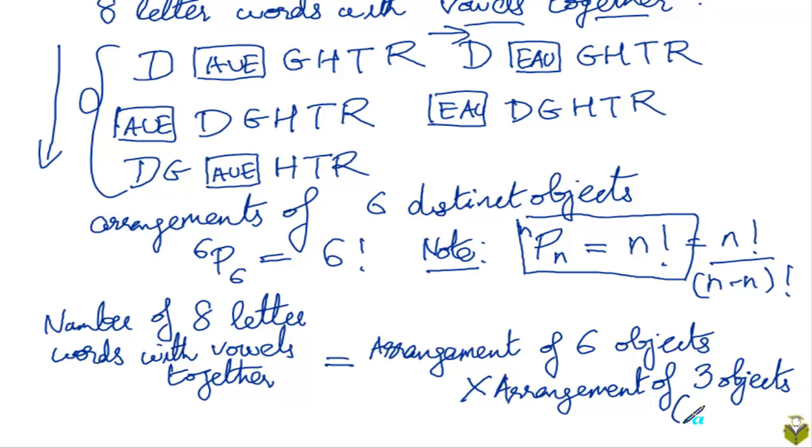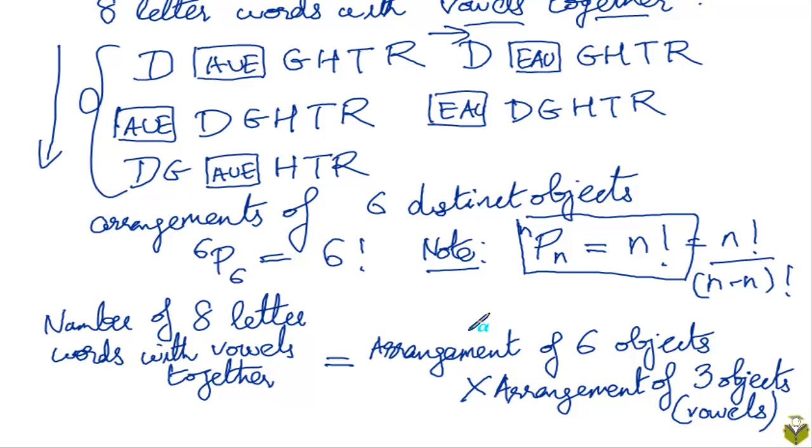These 3 objects are the vowels A, E, U. So you do the arrangement of 6 objects with A, E, U as a single object, and then within these 3 objects you can arrange them in different ways. So you have to consider that.